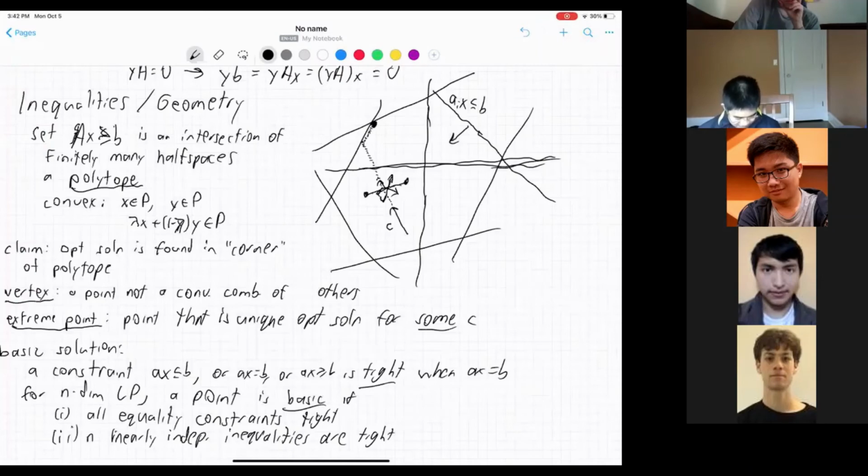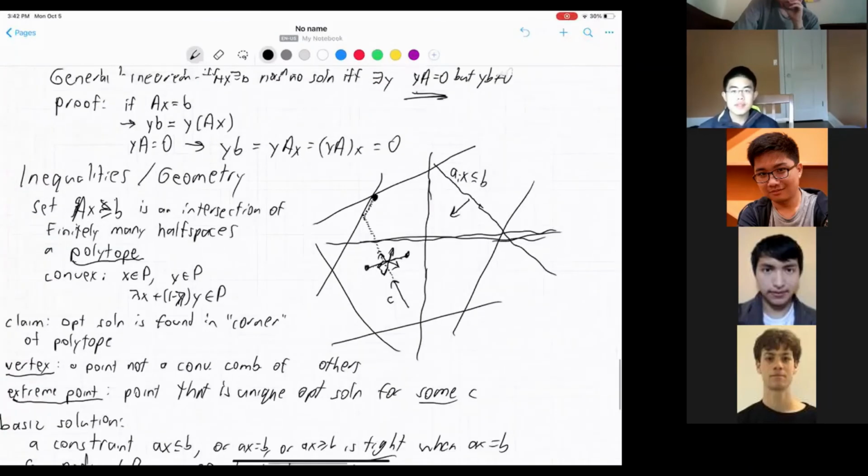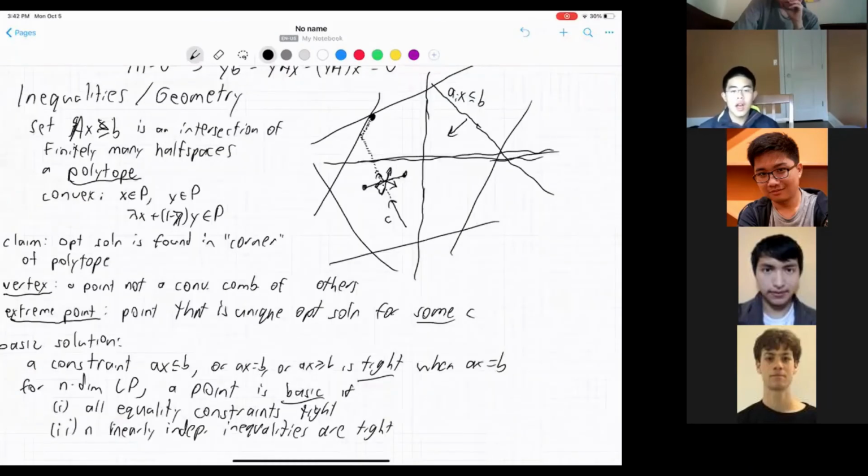Yes? Shouldn't it be n minus m linearly independent inequalities? N, the number of variables minus the number of equalities. No, because right now we're looking at a polytope formed by ax greater than or equal to b, or ax less than or equal to b, right? But then what is the point of the first, all equality constraint? Oh, that's a fair question.